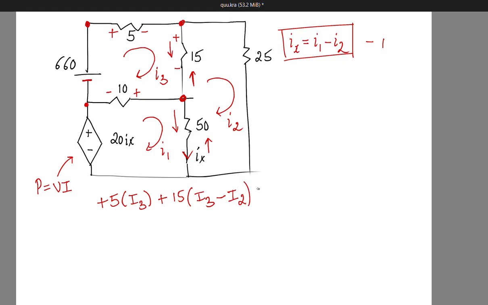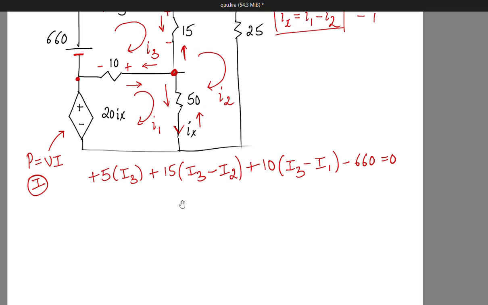Since the current is entering the positive side, it's again plus 10. And since we're considering the I3 loop, I3 should be written first. Since I1 is going in the opposite direction compared to I3, we subtract I1. And you notice that it enters the negative terminal of the 660 volt source in the end, so minus 660. That gives us the first equation.